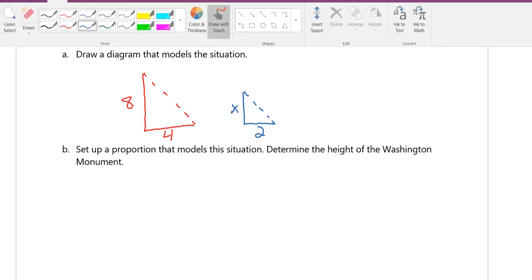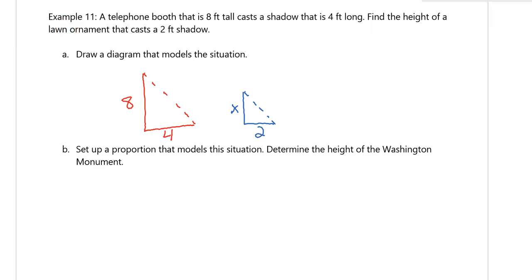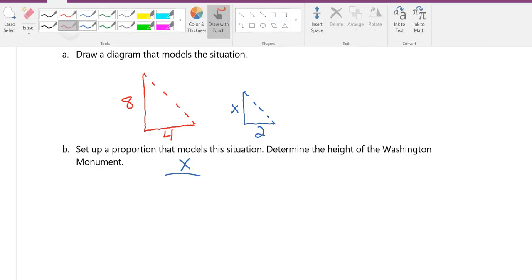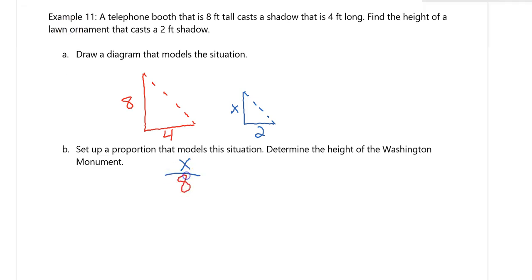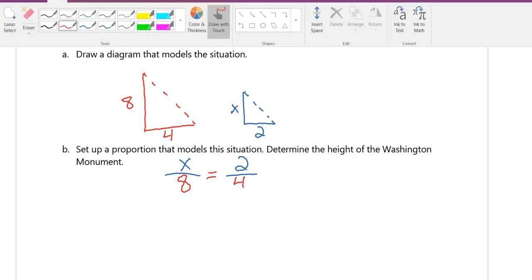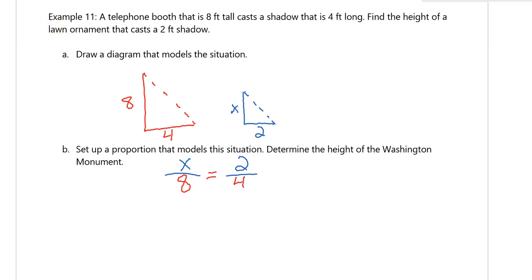Okay. So I have, starting with our variable, height over height, so x over 8 has to equal, then shadow over shadow. 2 over, my other shadow is 4. Once I have that equation set up, all I am doing is cross multiplying.